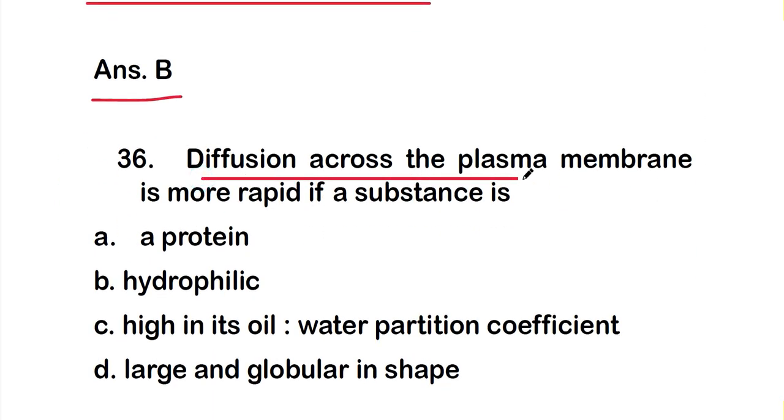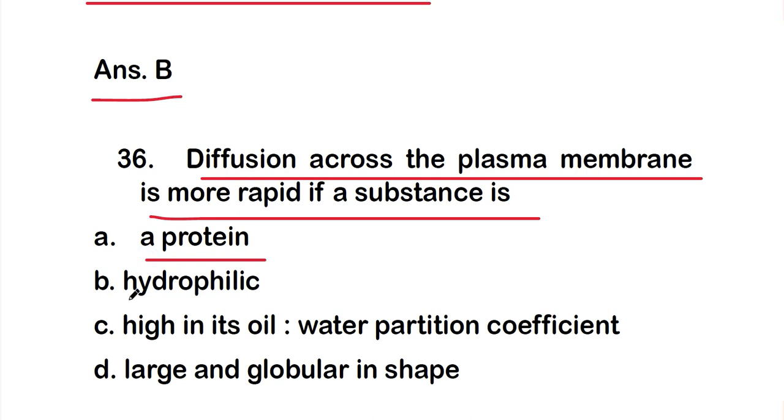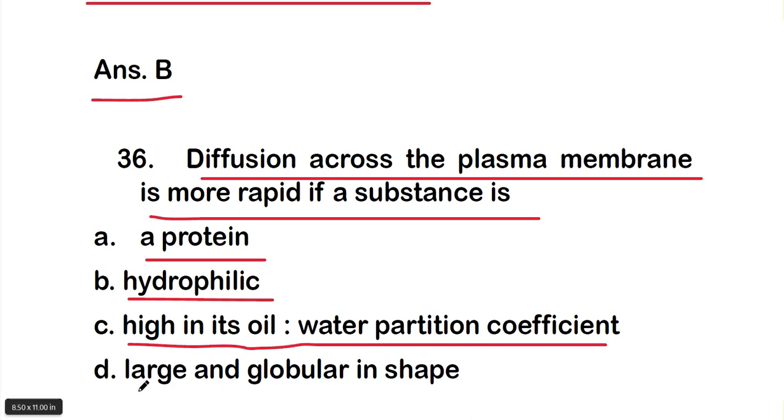Okay, so next is question number 36. Diffusion across the plasma membrane is more rapid if a substance is option A protein, option B hydrophilic, option C high in its oil to water ratio partition coefficient, or option D large and globular in shape.